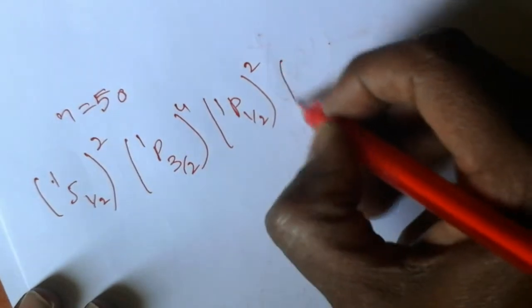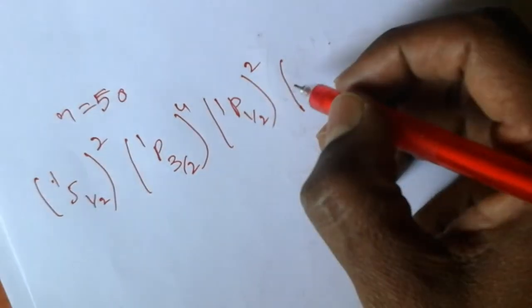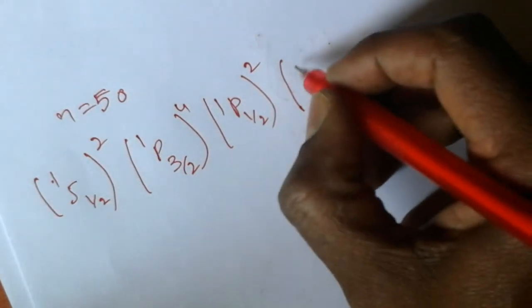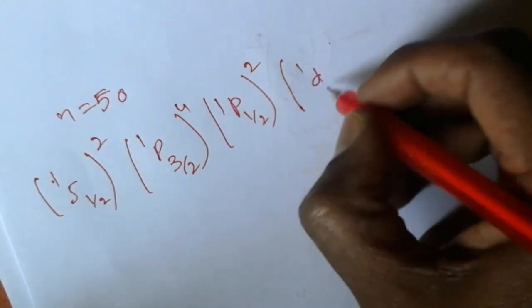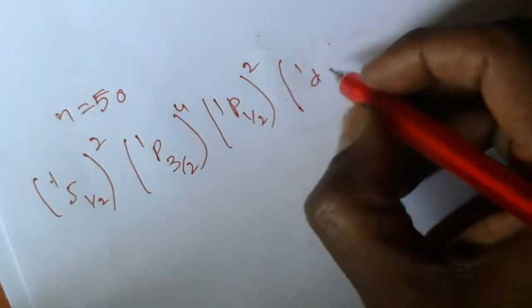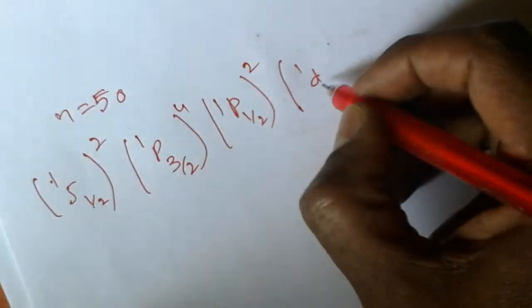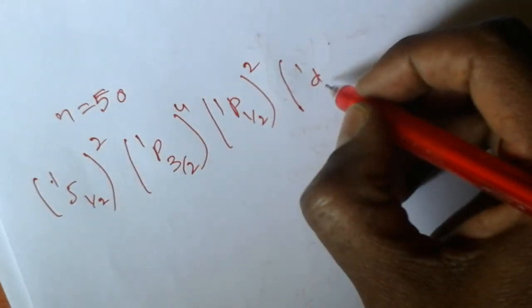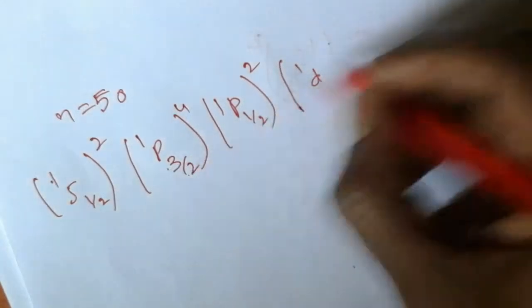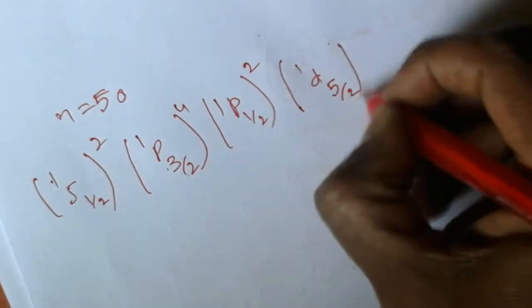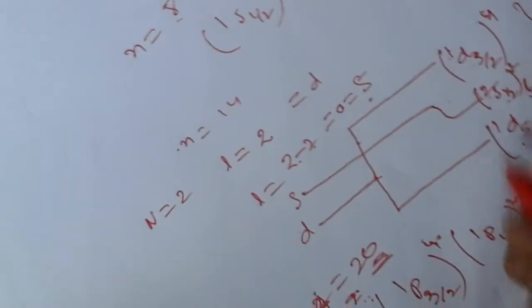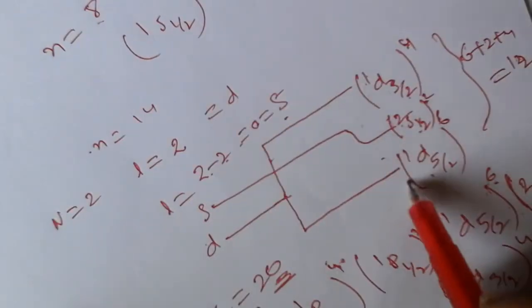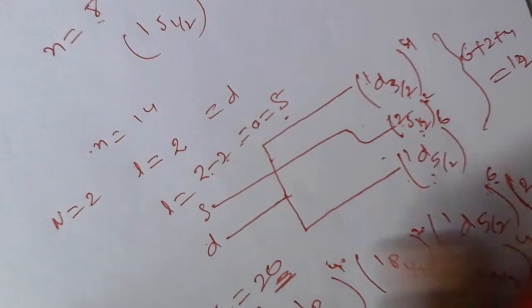Now d. If I take d, it will start, 1d. 1d is having 3 by 2, next 5 by 2, so power 6. Already I have shown that in the middle of d we are getting s.